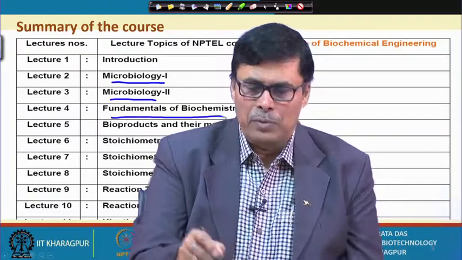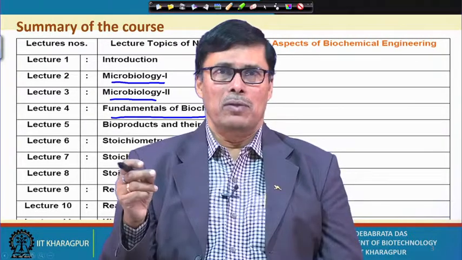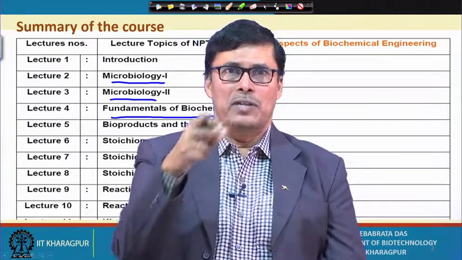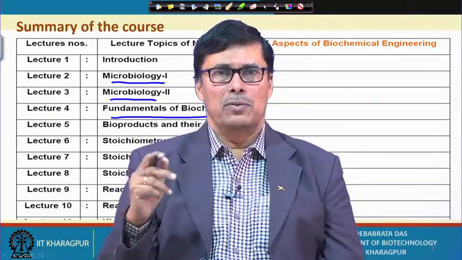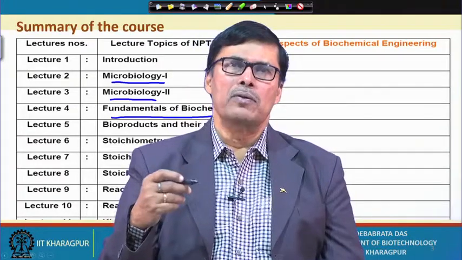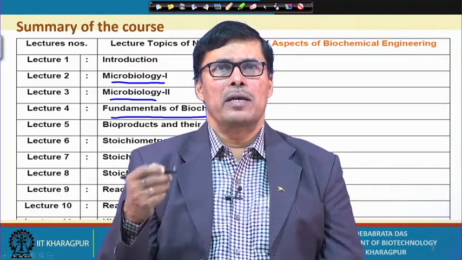After that we tried to give you some information on the biochemistry of the process, because, as I told you, all the organisms follow the metabolic pathway. In the metabolic pathway you have a chain reaction, and you have to find out that reaction so that you can have a strategy for how to get your desired product.